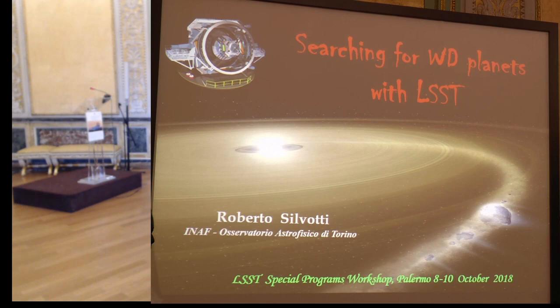Because otherwise with the 2-meter telescope you can follow all of them. 16 magnitude is something that you can do with VST almost with peanuts, if you know where they are.